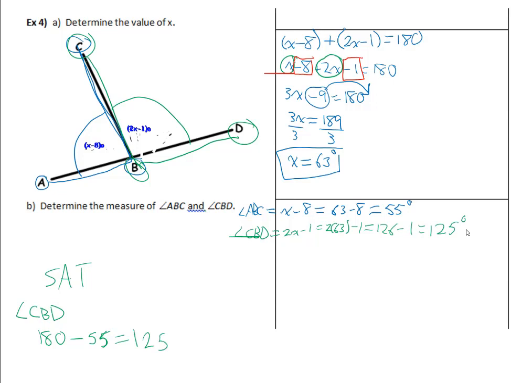Right? Because both the green and blue angle add together. So angle ABC and angle CBD add together to give you 180. So that's one way to solve for that. I forgot to write SAT up here as our justification.